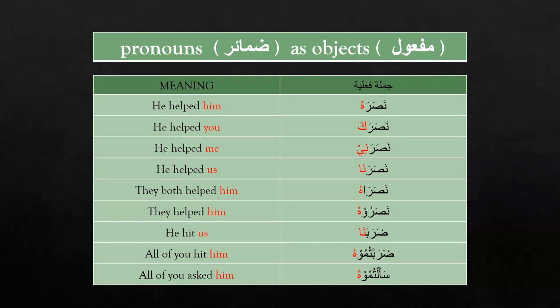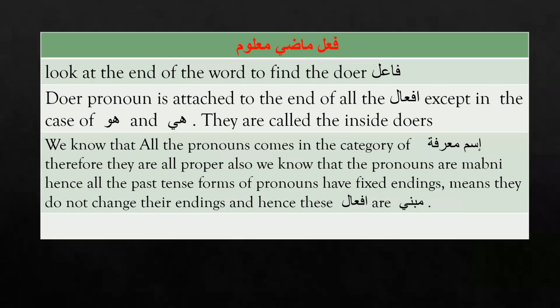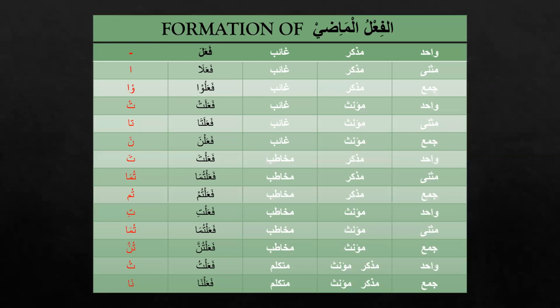Alhamdulillah. So note that when the damir comes as maf'ul with the siga jama' mudhakkar gha'ib, here nasaruhu, they helped him, you can see that the alif is dropped. Let me show you the chart here.